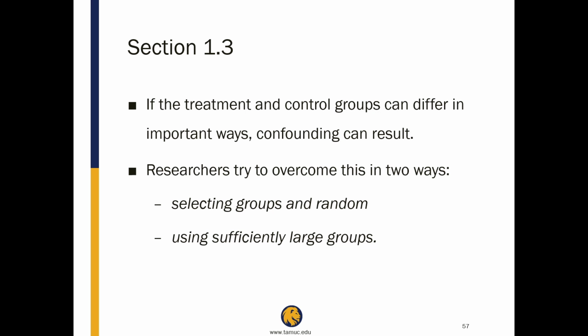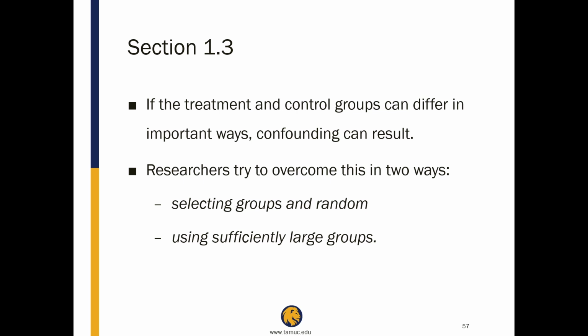To go back to the topic of confounding, if the treatment and control groups can differ in very important ways, that's a really important place where confounding can result. So researchers try to overcome this in two different ways: selecting groups at random and using sufficiently large groups. So this is an important step here because choosing things at random or choosing large groups helps take out some potential biases.